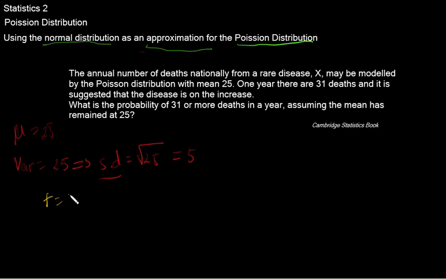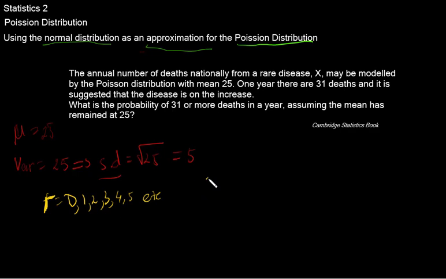Right, so one year there are 31 deaths, and it is suggested that the disease is on the increase. The probability of 31 or more deaths. Now here a really important concept comes in. We know that the Poisson distribution is discrete, right?